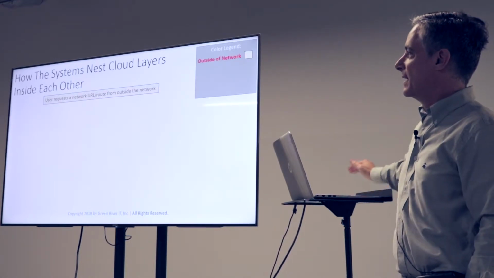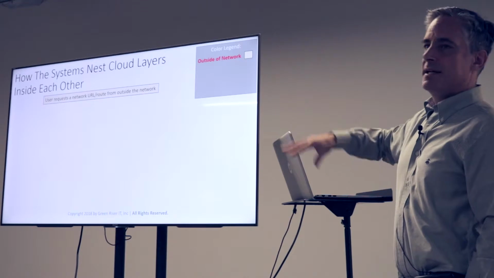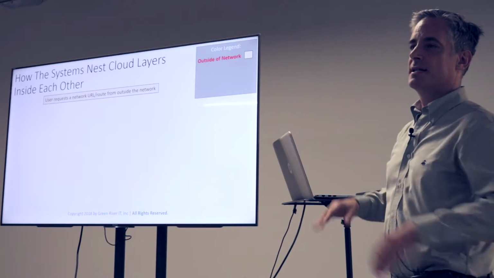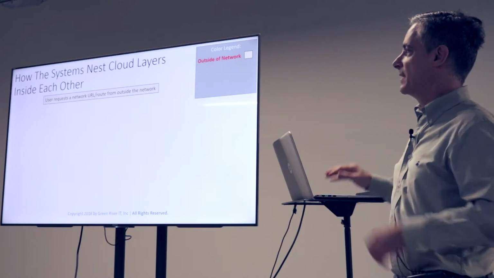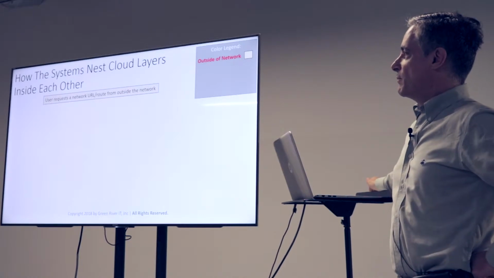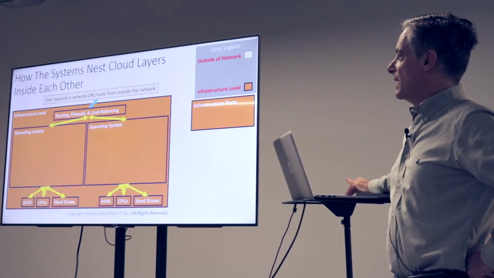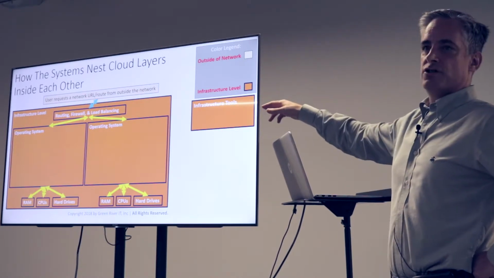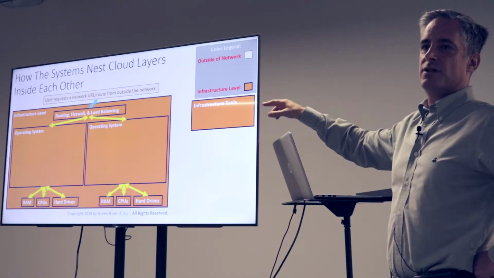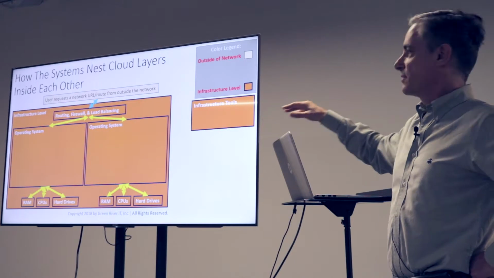So if we're outside of our cloud and somebody's using a web browser to type in a URL or a route, they're then going to hit our infrastructure level. So I like to think of the infrastructure not as the bottom level, but as the outer level.